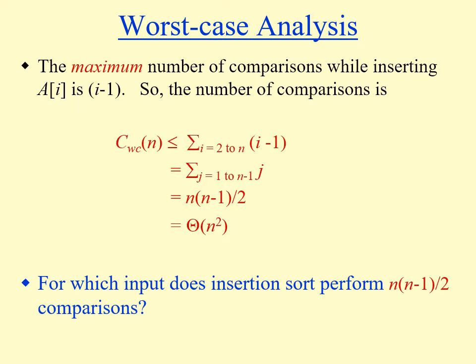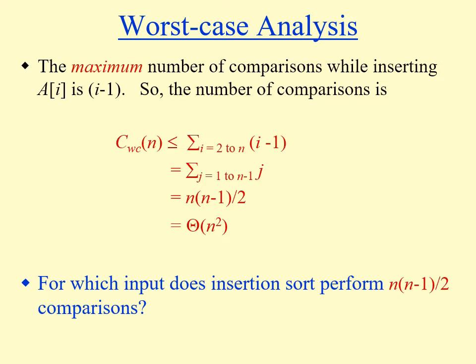So the maximum number of comparisons while inserting A[i] is i minus 1, because all the elements in front of A[i] number i minus 1. So the number of comparisons is based on the outer loop. The worst case T(n) is less than or equal to the sum over i from 2 to n of i minus 1. That is the upper bound.